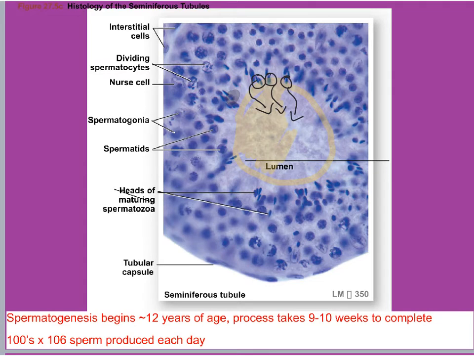The picture here shows you the interstitial cells. Those would be those Leydig cells. Those are way up here. And the picture also shows you the spermatogenic cells here.